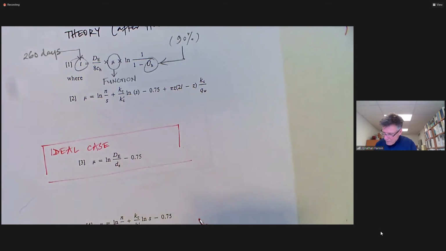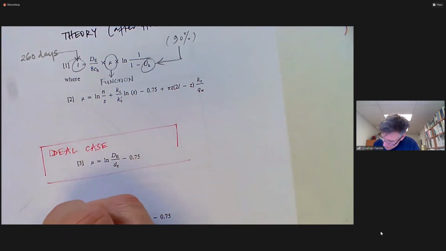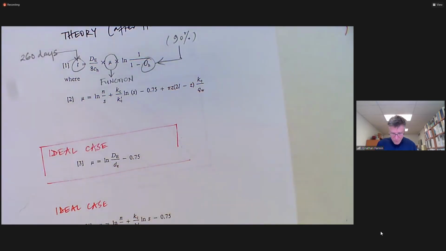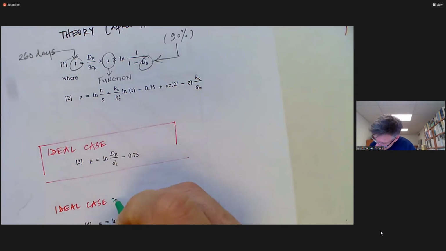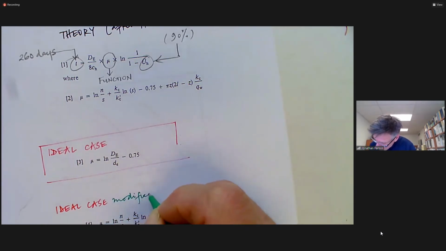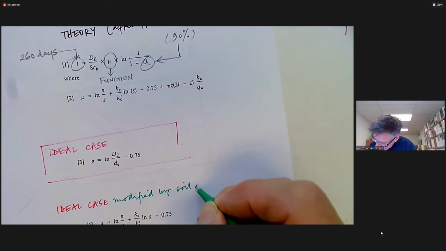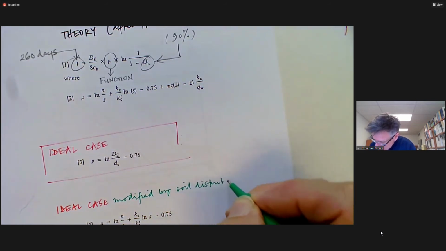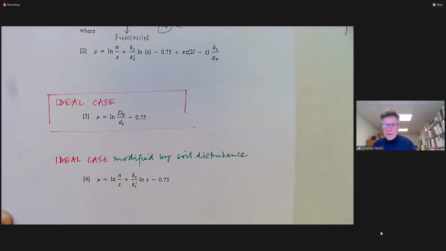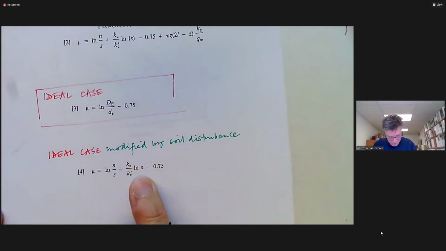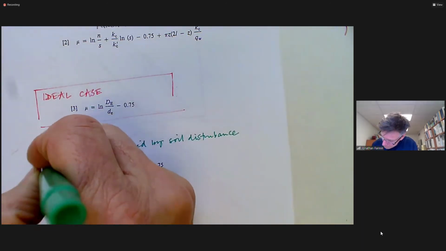In the event that we had, so let's call this the ideal case modified by smear, or this annulus of disturbed soil. So I'm going to call it soil disturbance or smear, and that produces this variation on it.